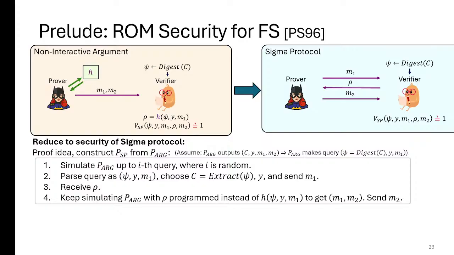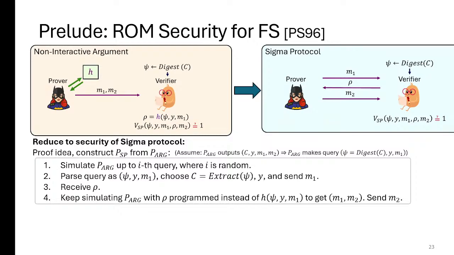And then we hope that this ith query is this query that we have here, which is in the form psi, y, and m1. I'm assuming that you can get the circuit out of psi. And then you have y, and you send m1, and this is how you chose the circuit. c and y are the claim, and m1 is the first message.